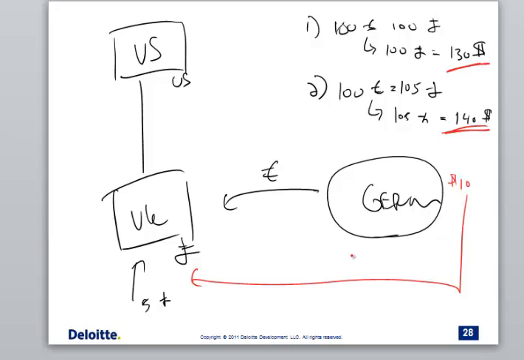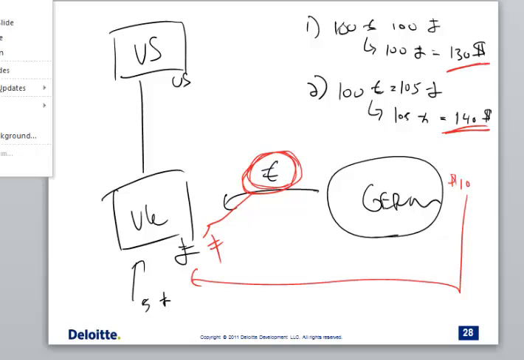So that's a foreign currency transaction gain. And a transaction is a transaction in a currency that is not your functional currency. So I bought inventory, or I had a related party accounts receivable, accounts payable, I made a loan. It's in a currency that's not your functional currency. Okay? Make sense?